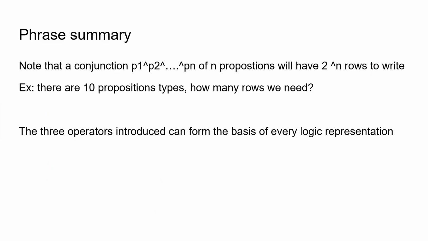So there's another question we can think about. We know that a conjunction of n propositions will have 2 to the power of n rows to write. Why?